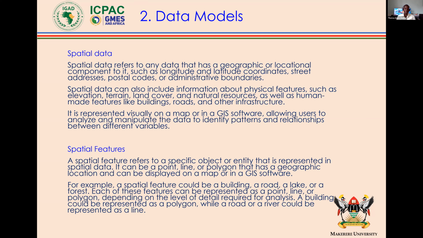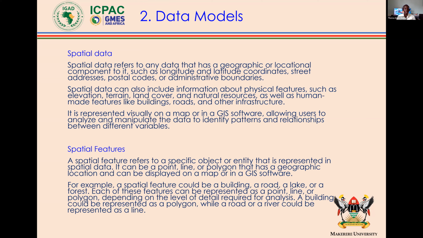So spatial data refers to any data that you have, and this data must have what we call a geographic or location component to it. Let's say you have data about your office or about your school. What you need to ask yourself is, does it have any location information or component to it?